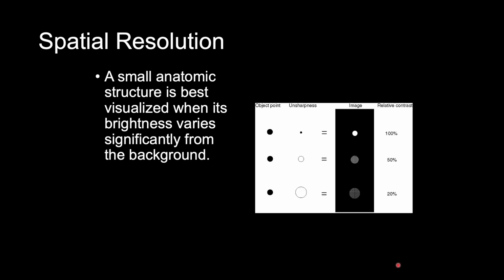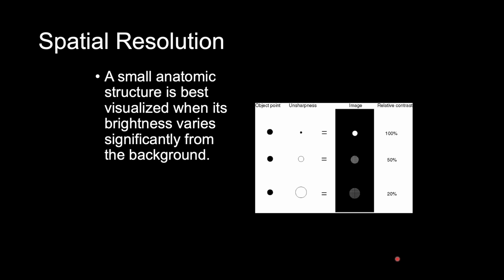If unsharpness is increased, the visibility of small anatomic detail is compromised. So an increase in the amount of unsharpness on an image decreases the contrast of small anatomic structures, and we're not able to visualize the structural lines.